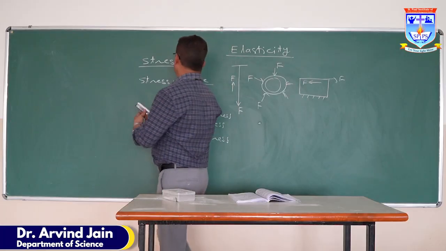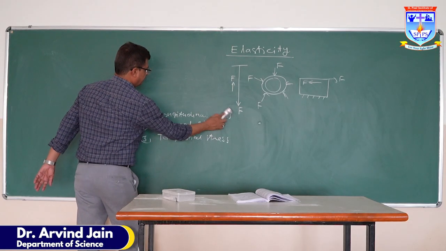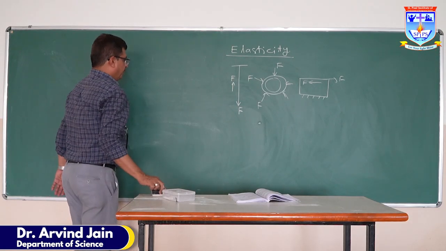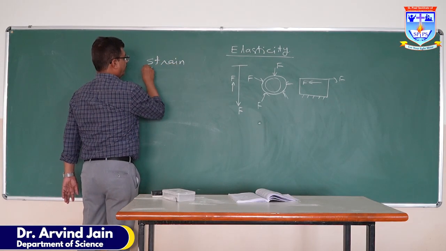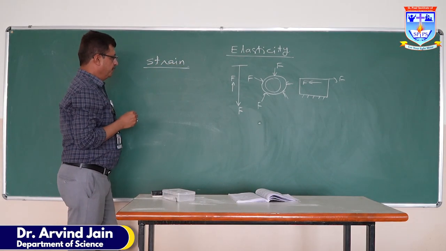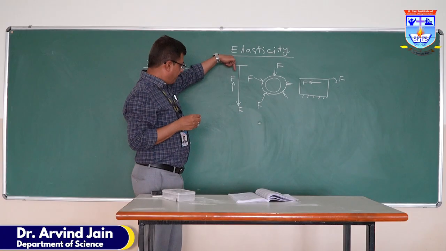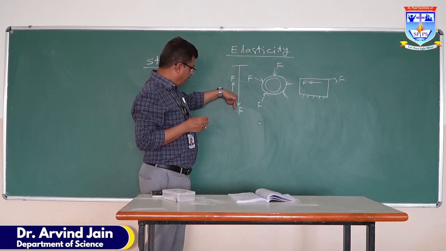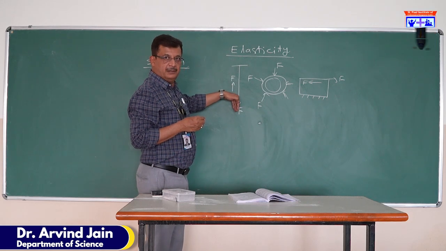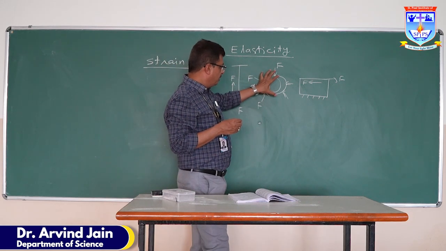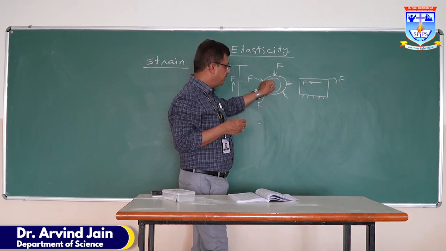Then the next definition is strain. When force is applied along the length of the body, the length of the body increases. When force is applied normally on the surface of the body, then volume changes.